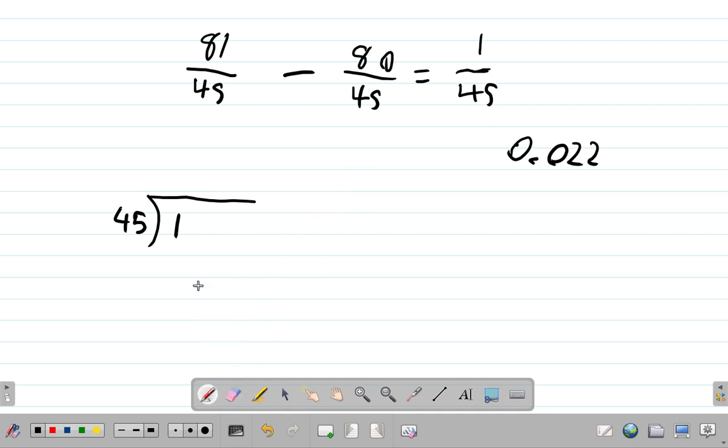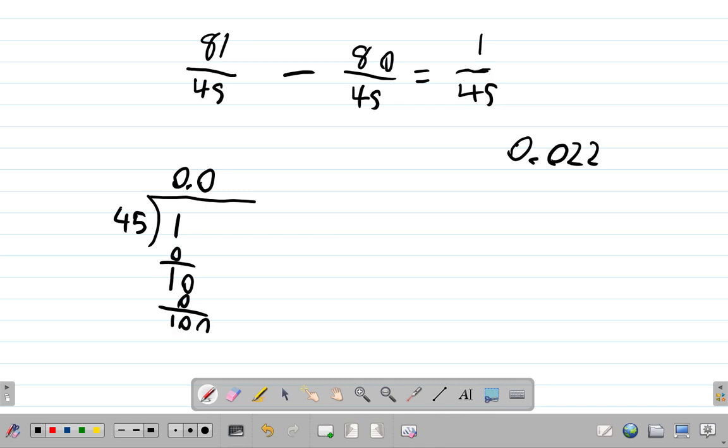Alright, so 45 into 1, you can't. It's 0 point something. 0 times 45 is 0. 1 minus 0 is 1. Multiply 1 by 10, you have 10 there. 45 into 10, you still can't, so it's 0.0. 0 times 45 goes 0 times. 10 minus 0 is 10.